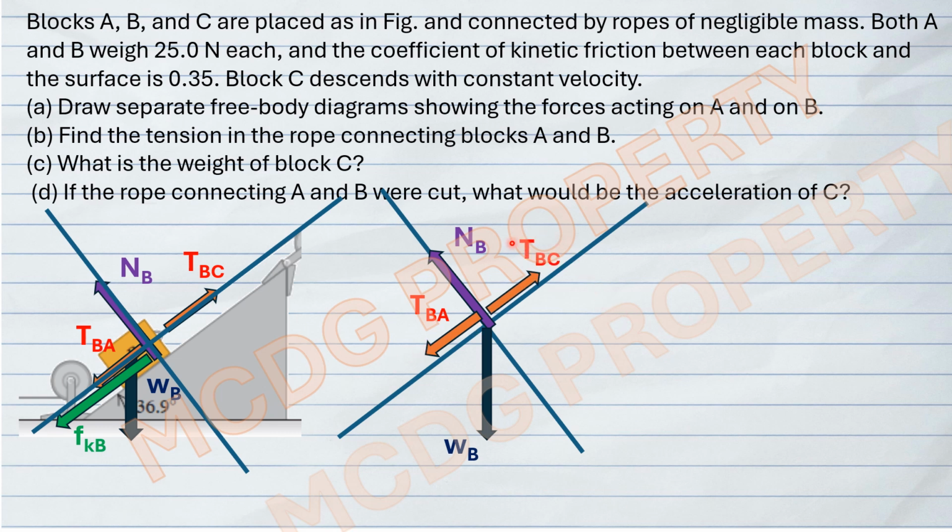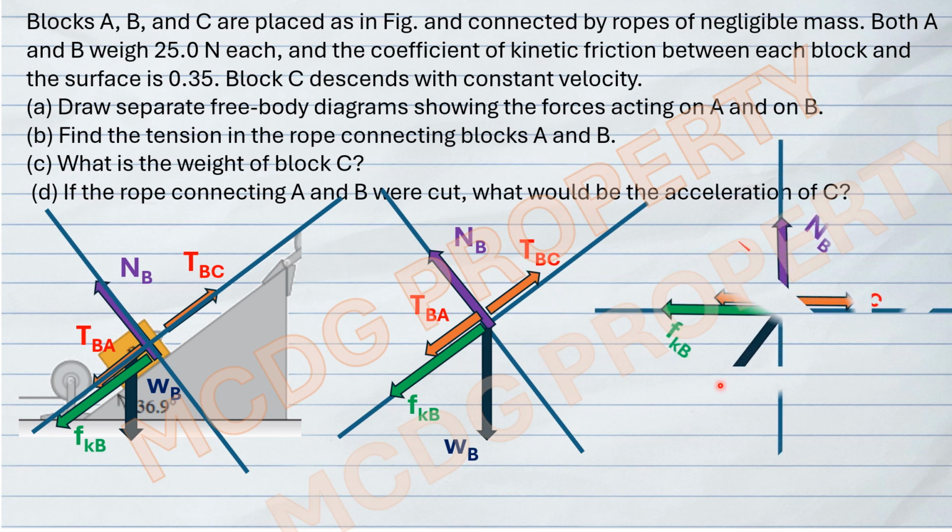The tension between B and C will be along the positive x-axis. And the force of kinetic friction between block B and the surface will be along the negative axis. Then next, we straighten the x and y coordinate system like this.